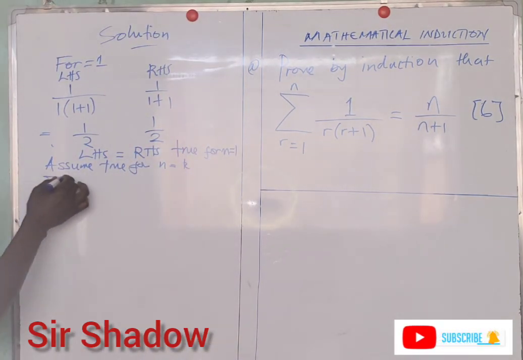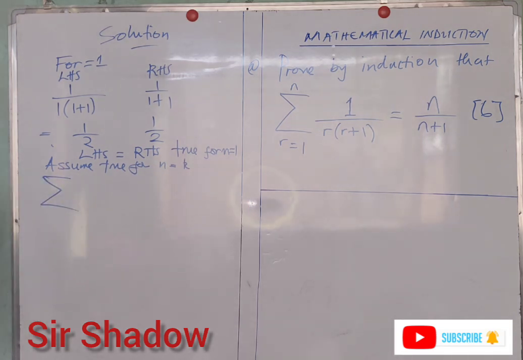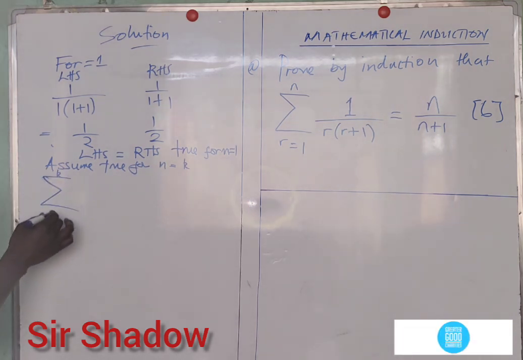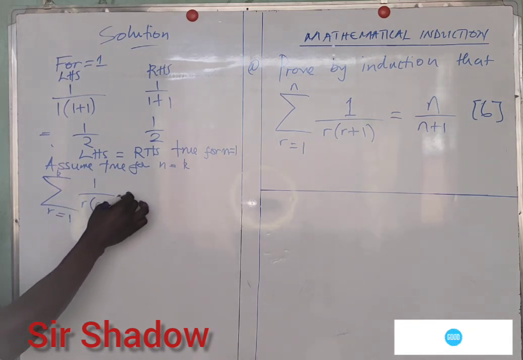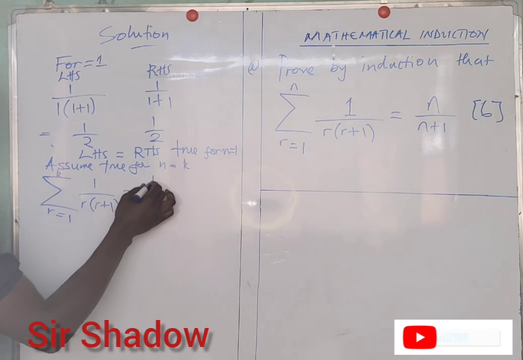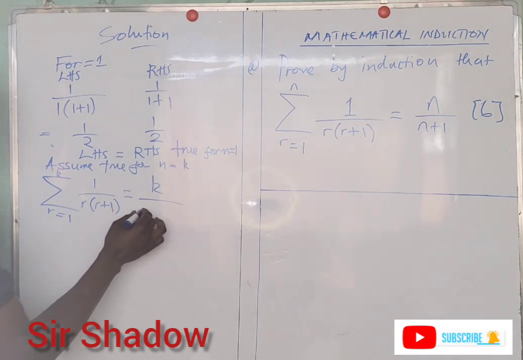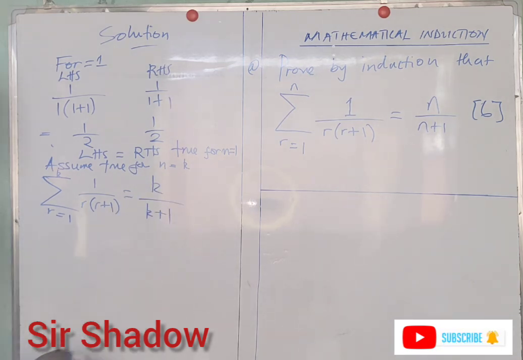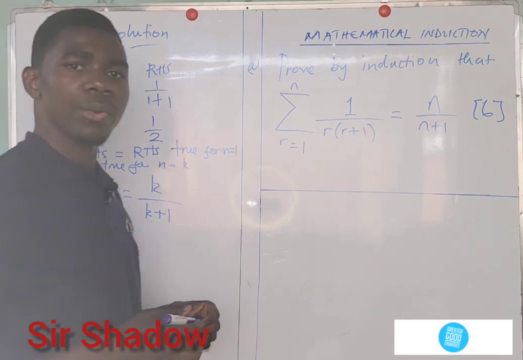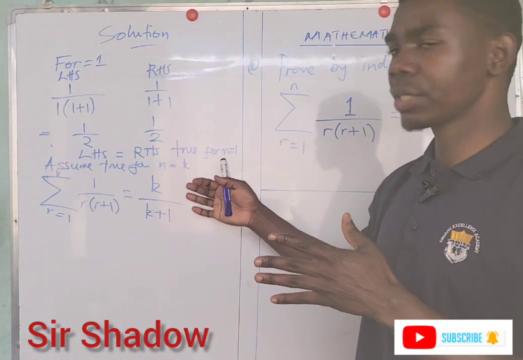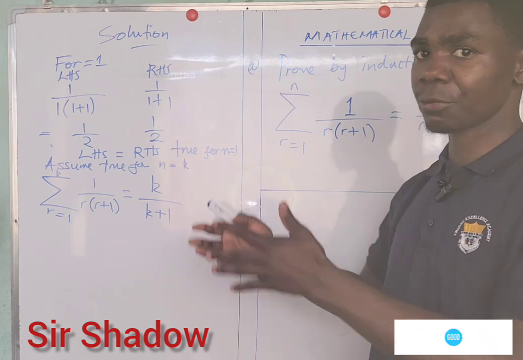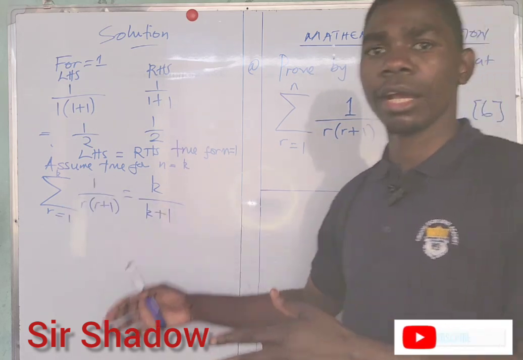So we are saying the summation, with upper limit k and lower limit r equals 1, of 1 over r(r plus 1) is equal to, but n is equal to k, so we are saying k over k plus 1. We are done with this step. It is an assumption: we assume true for n is equal to k. We are done. Let's move on.